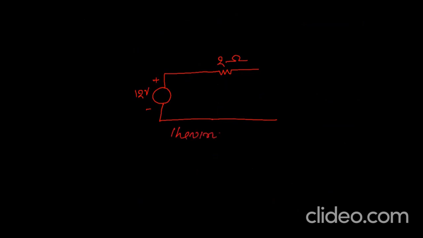So we can draw the Thevenin equivalent very easily, and that equivalent is shown here. So we can draw it like this. So this is 2 ohm and this is 12 volt. So this is called the Thevenin equivalent.